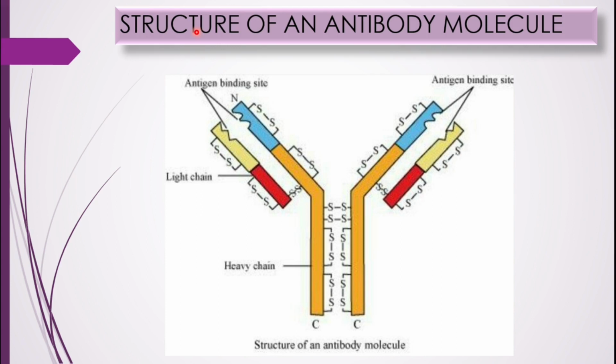Let us now study about the structure of an antibody molecule. Antibody molecules are actually made up of polypeptide chains. Each antibody molecule has 4 polypeptide chains, 2 heavy chains, these are the 2 heavy chains, and 2 light chains.